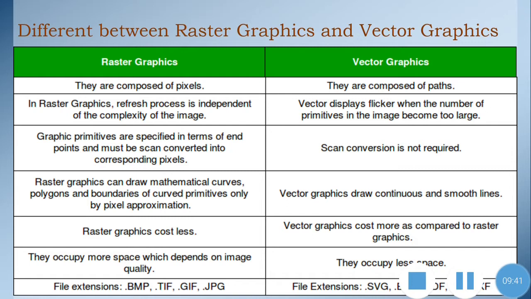Vector graphics occupy less space. Raster file extensions are .bmp, .tif, .gif, .jpg. Vector file extensions are .svg, .eps, .pdf, .ai, .txf. This is the difference between raster graphics and vector graphics.